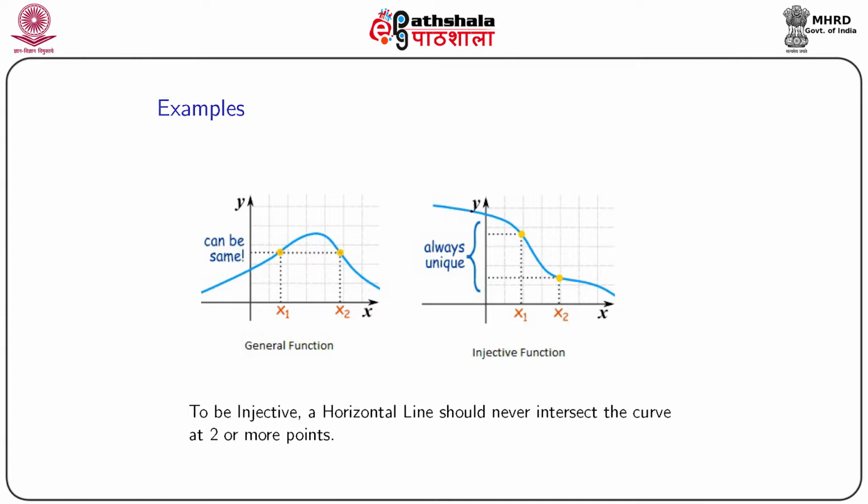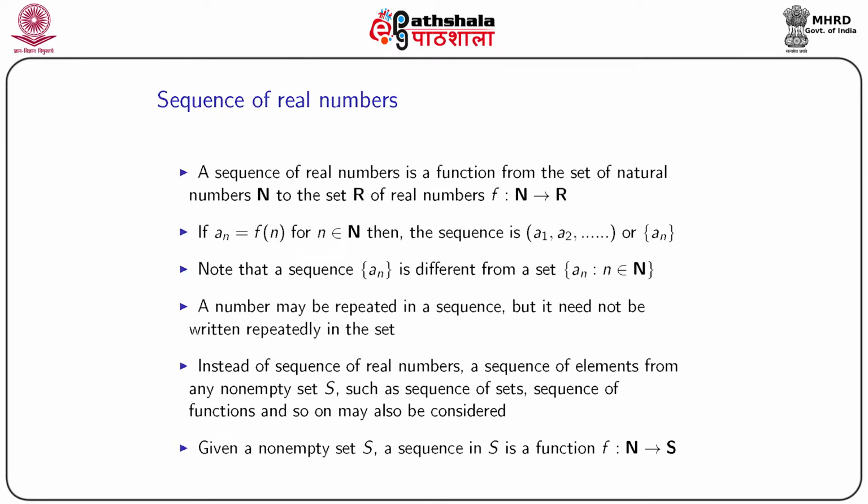These are all preliminaries of functions which you have learned beforehand also. Now we'll focus on another function, which is a sequence of real numbers. A sequence of real numbers is a function from the set of natural numbers N to the set R, the real line of real numbers.